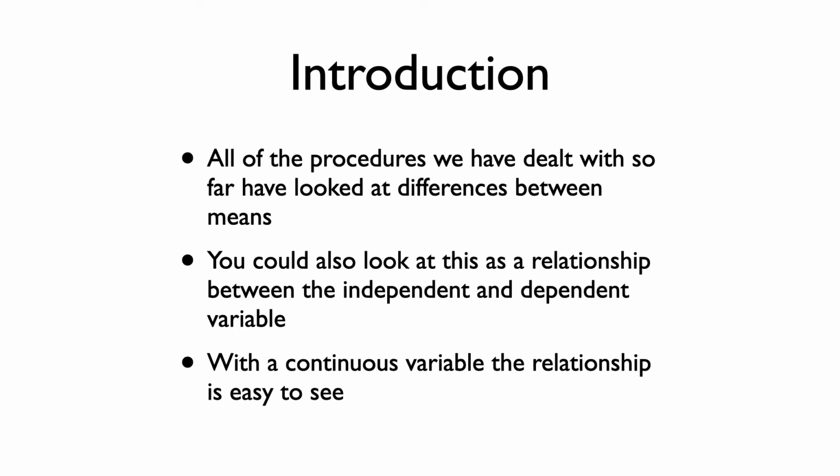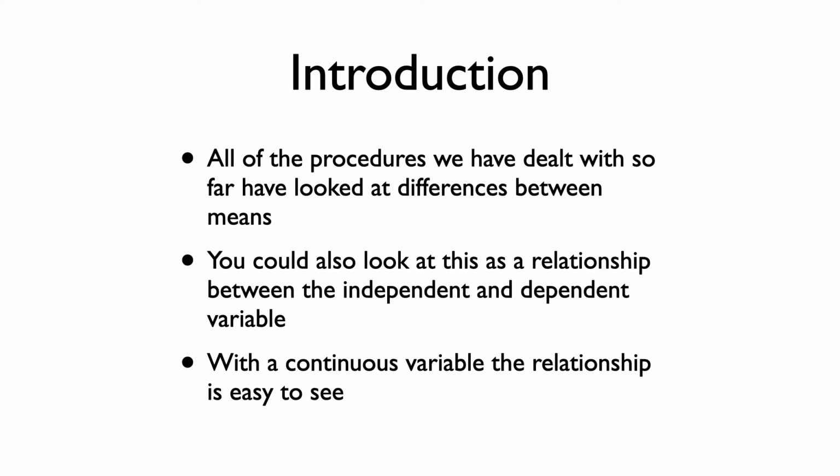And with a continuous variable, so here we talked about a variable that had two possible levels, 0 drinks and 5 drinks. If we talked about a continuous variable, like the relationship between, well, it's a very simple one that we think about a lot, height and weight. As height goes up, weight goes up. Now, I don't know which is independent and which is dependent in that case.